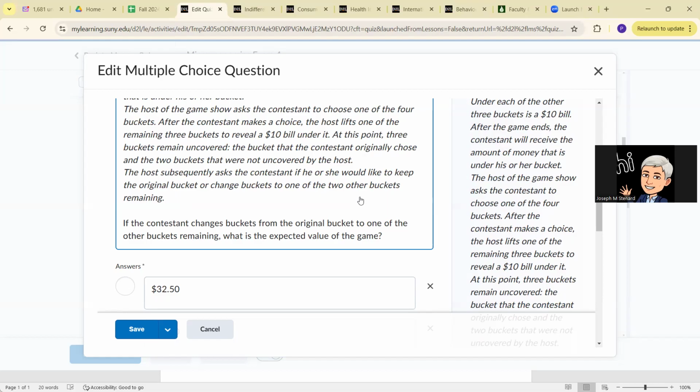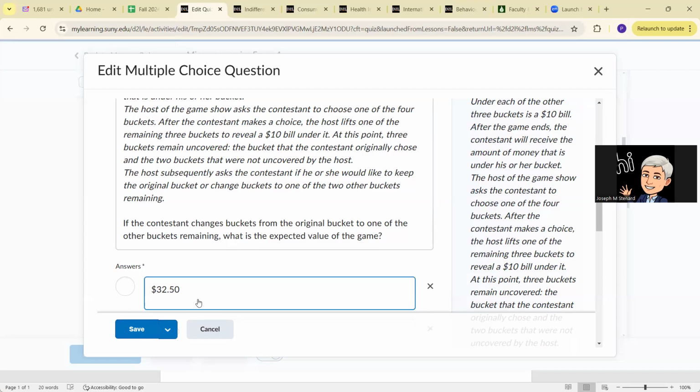And the answer is yes, it would be good because the expected payoff for that game is $32.50. If you could play the game for less than $32.50, then you are in favor of winning. And if it costs you more than $32.50 to play the game, then you shouldn't play the game. And that's what we mean by expected value.